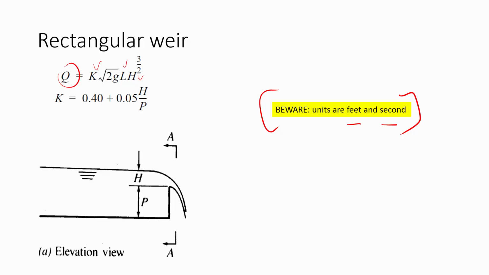L is the length. H here is the depth of the crest, and I apologize for yawning, it's very late here. And then we have a K value, which depends on the properties of the weir. We have P and H.